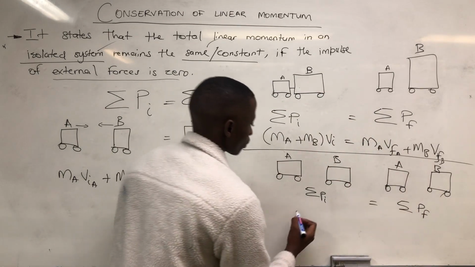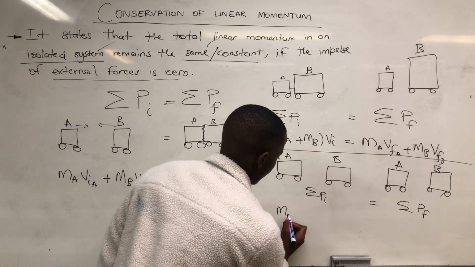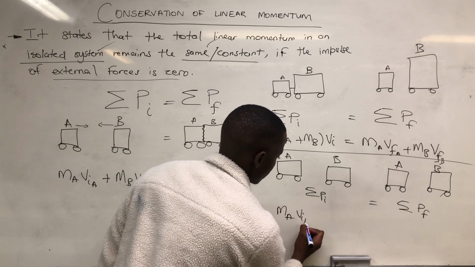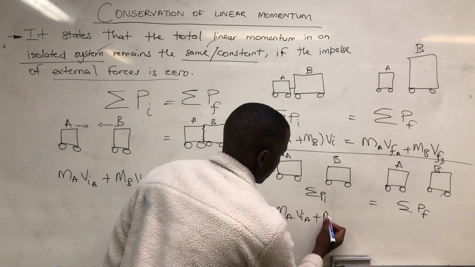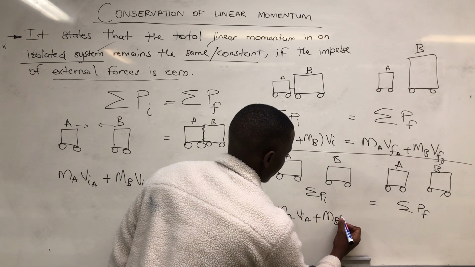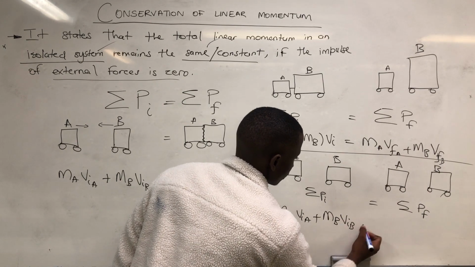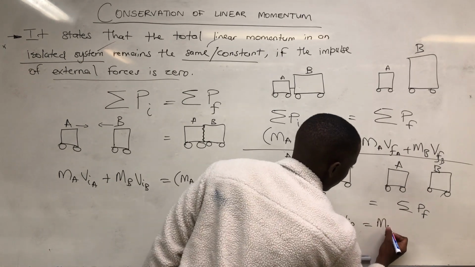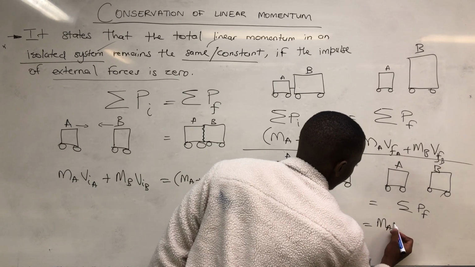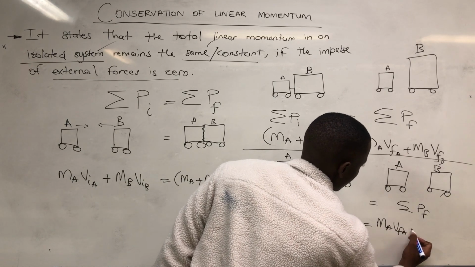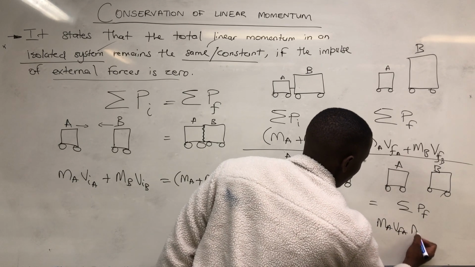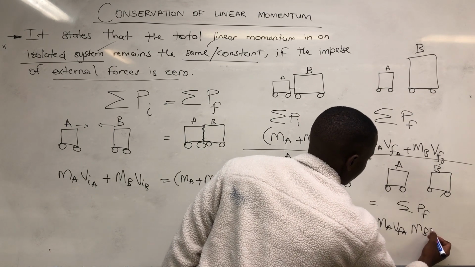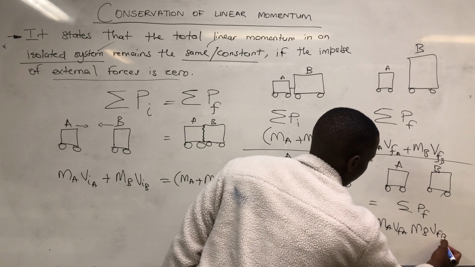So meaning that this is going to be m_A multiplied by its initial velocity plus the mass of B multiplied by its initial velocity, which is going to be equal to the mass of A multiplied by its final velocity plus the mass of B multiplied by its final velocity.